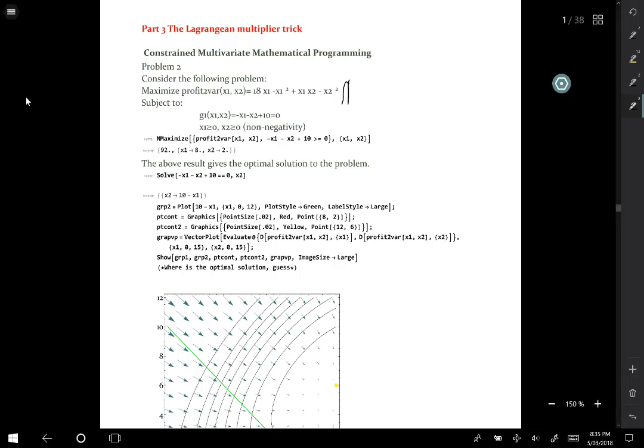Topic 2, Part 3, the Lagrange multiplier trick, or in other words, constrained mathematical programming.